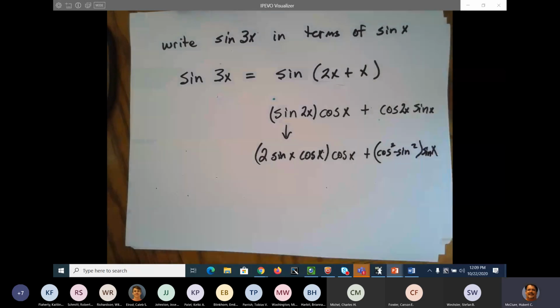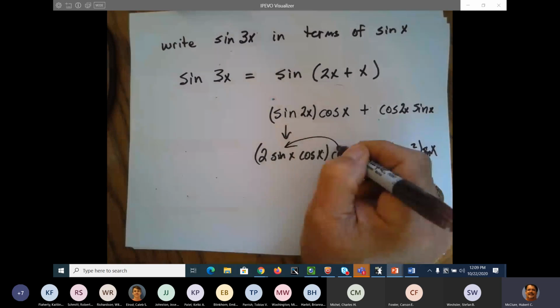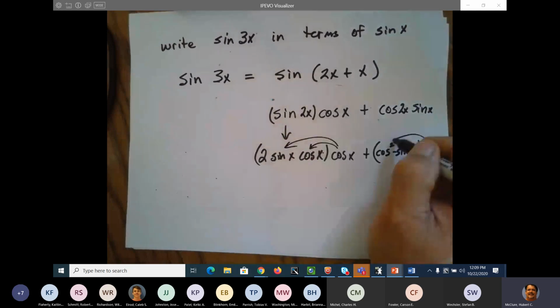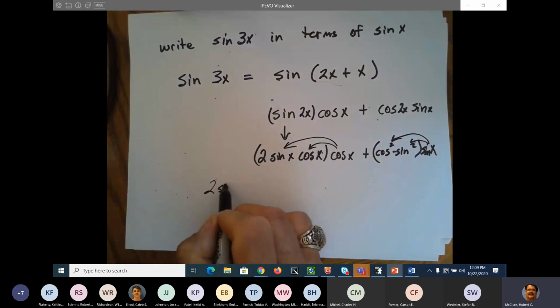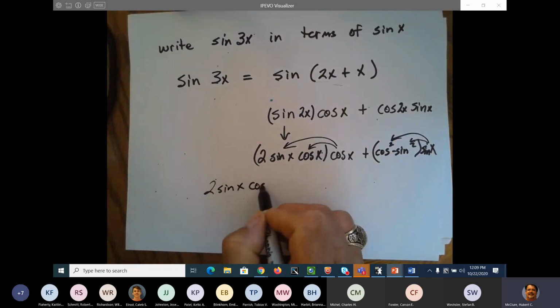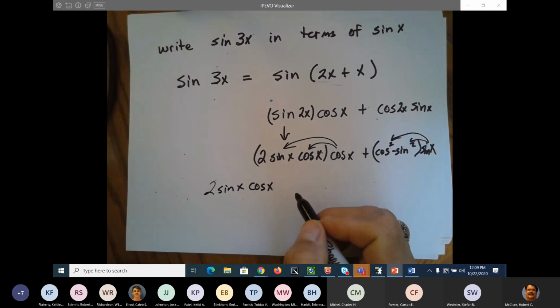Running out of room. Now I'm going to distribute this cosine and this sine, and I'm going to get 2 sine x cosine x.